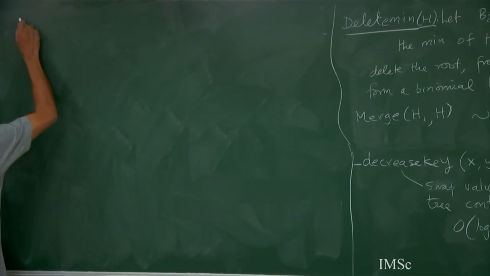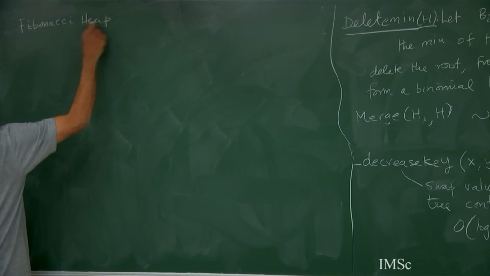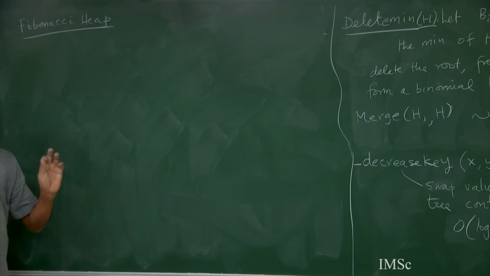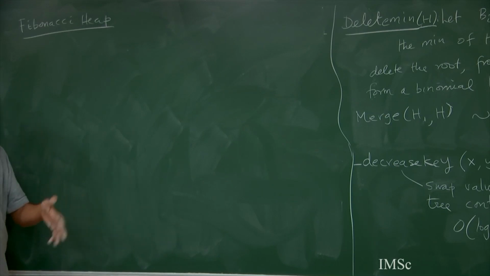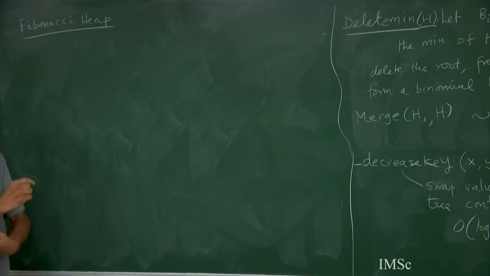So Fibonacci heaps is exactly as, okay, I'm not going to define what a Fibonacci heap is because there is no such clean definition like what we have for binomial heap. But we are going to do decrease key in a slightly different fashion. And whatever collection of trees you are going to get along the way is called Fibonacci heap. Okay. So how are you going to do decrease key?